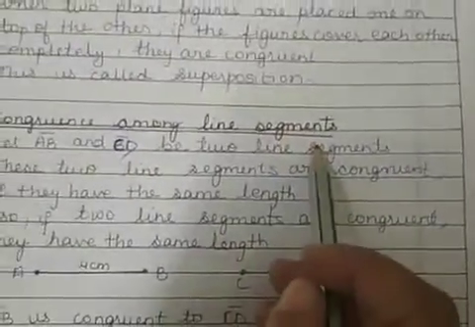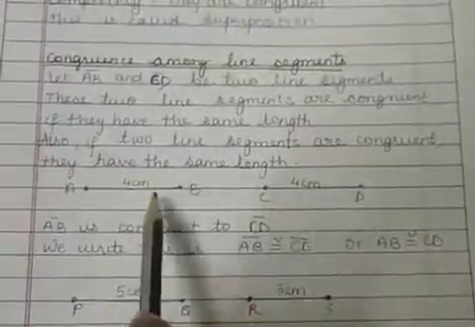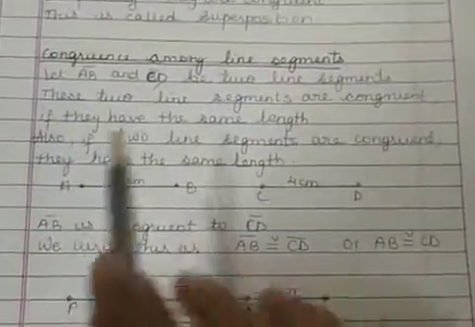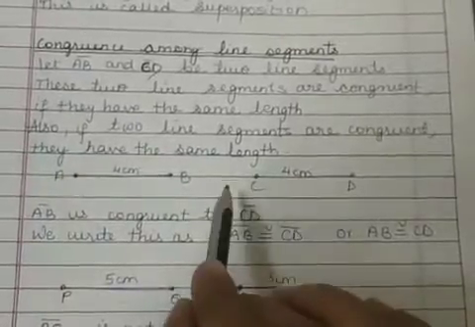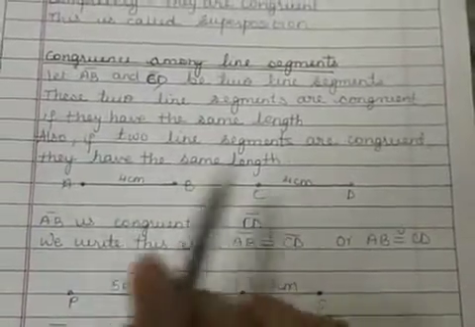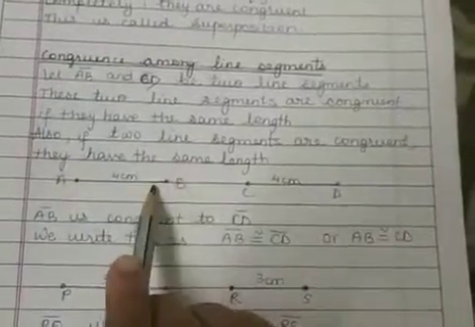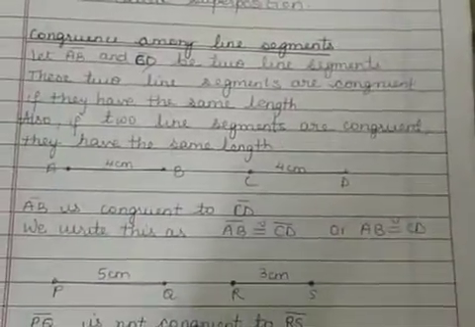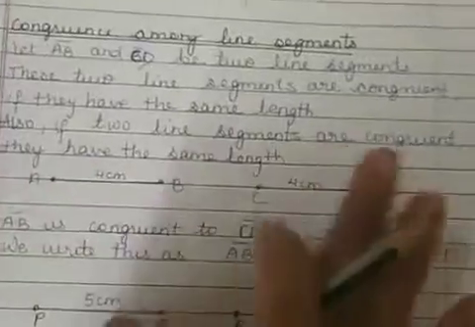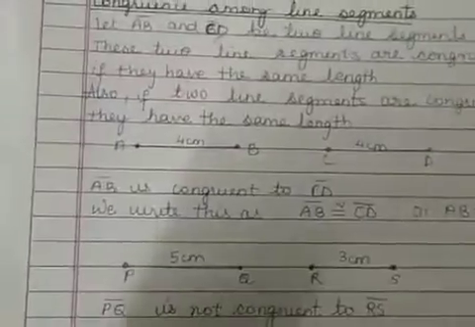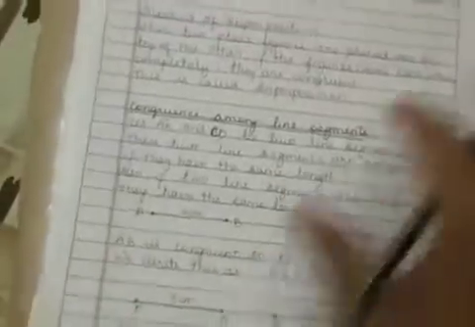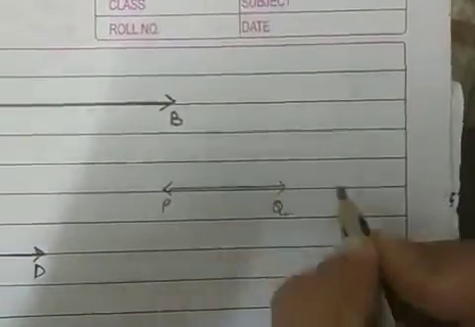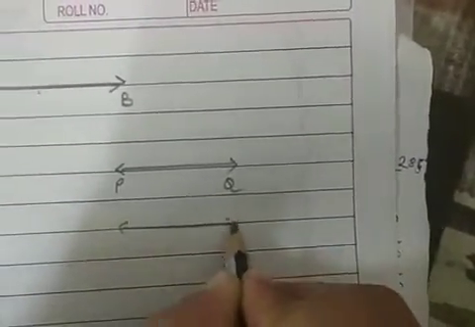So this brings us to the next part, that is congruence among line segments, which says that two line segments are congruent if they have the same length. If the lengths of the two line segments are equal, then the two line segments are congruent. The converse or reverse of this is also true. Suppose the line segments PQ and RS are said to be congruent.